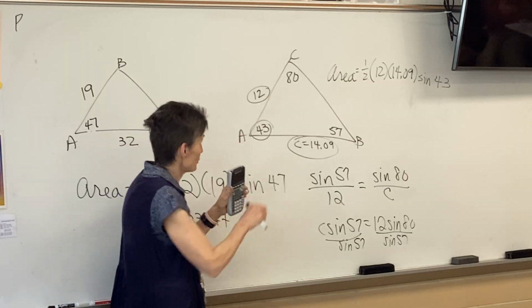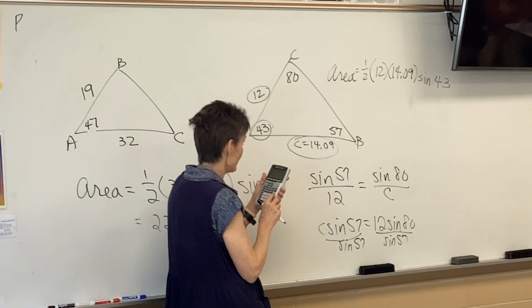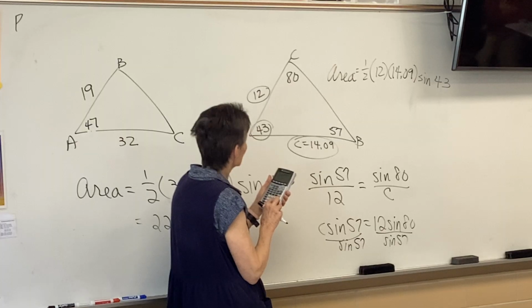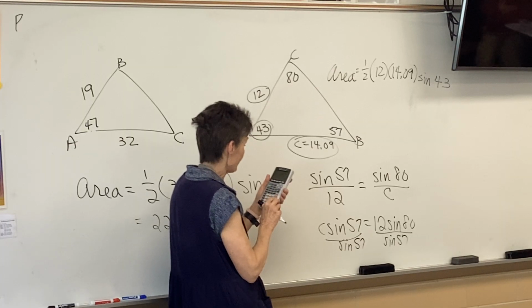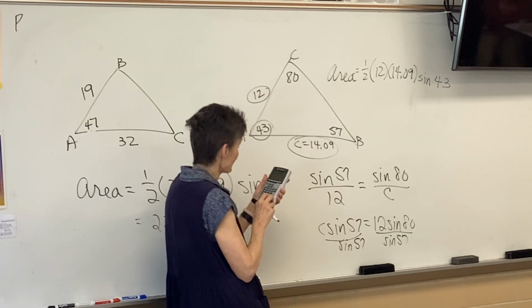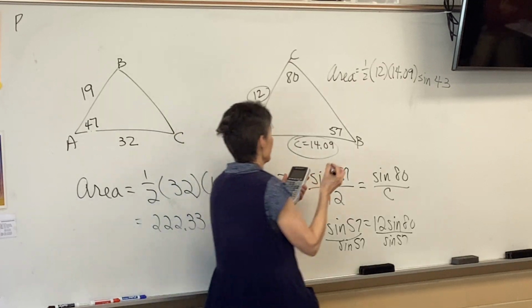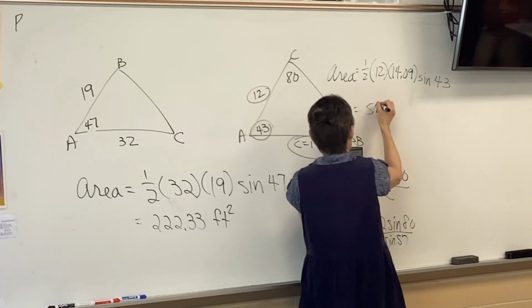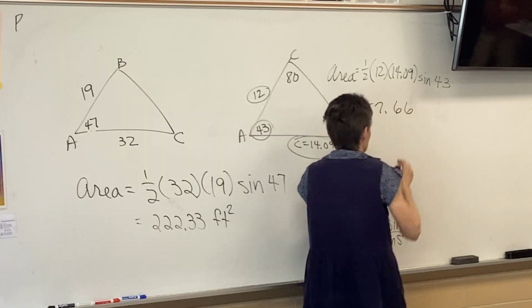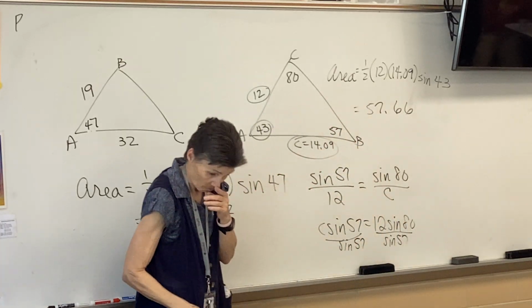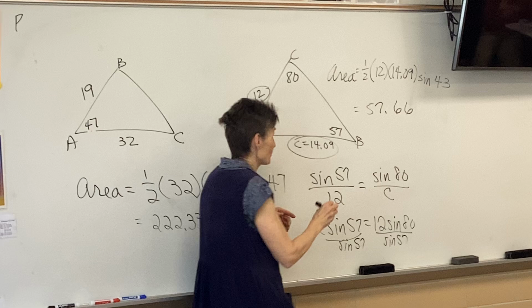Yeah, so let's just leave it on there and do times 12 times 1/2 times sine 43. And we don't have any round off there. So I got 57.66 square centimeters.